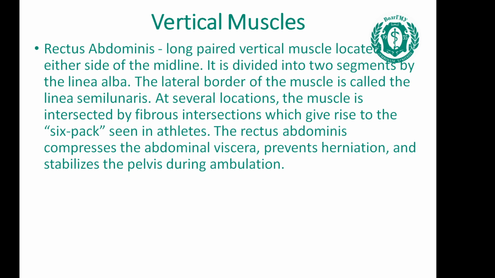At several locations, the muscle is intersected by fibrous intersections, which give rise to the six-packs seen in athletes. The rectus abdominis compresses the abdominal viscera, prevents herniation, and stabilizes the pelvis during ambulation.